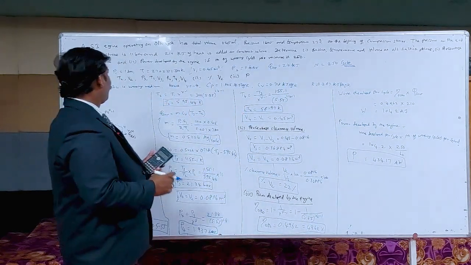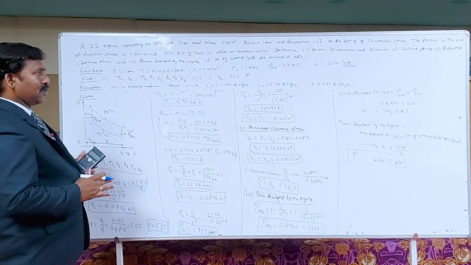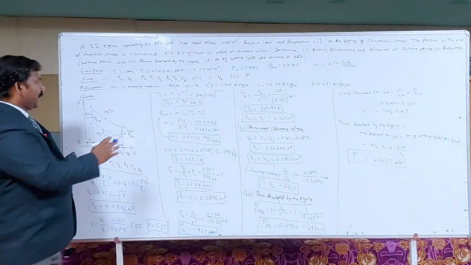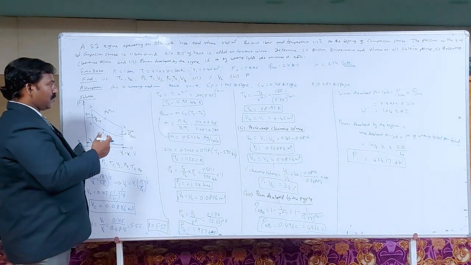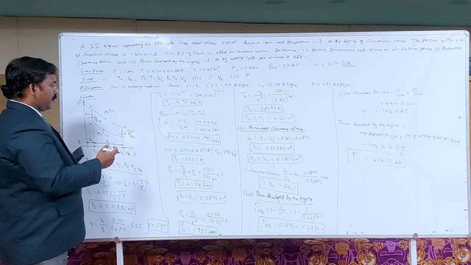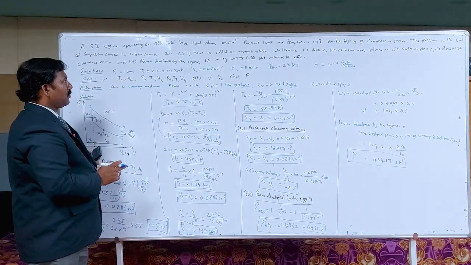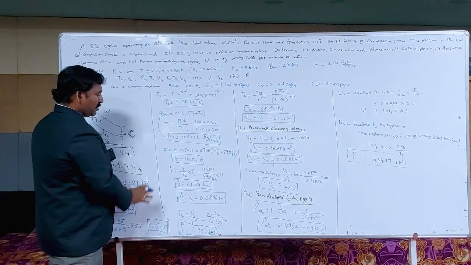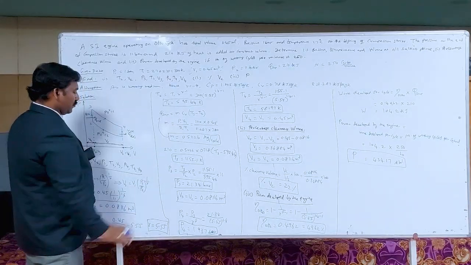So we have found out all the properties at the salient points, the percentage clearance volume and the work developed. If you look here, the temperature at T2 is more than T1, since it is an isentropic compression process. From process 2 to 3, there is a heat supply taking place, therefore T3 is more than T2.